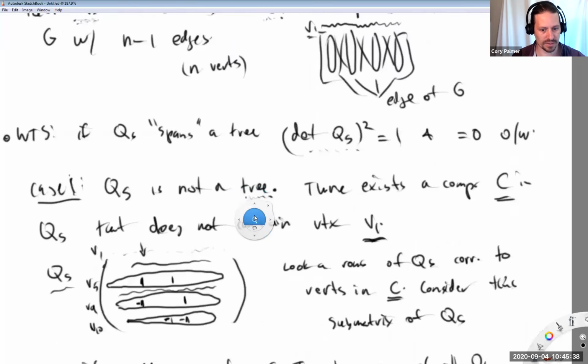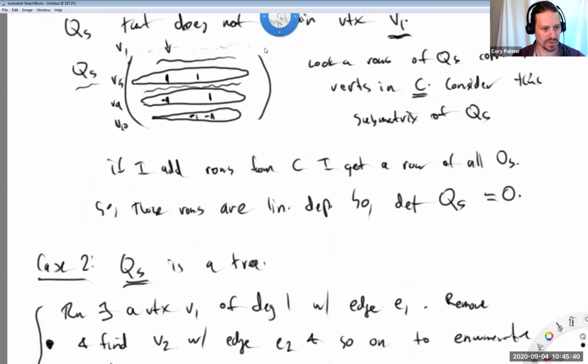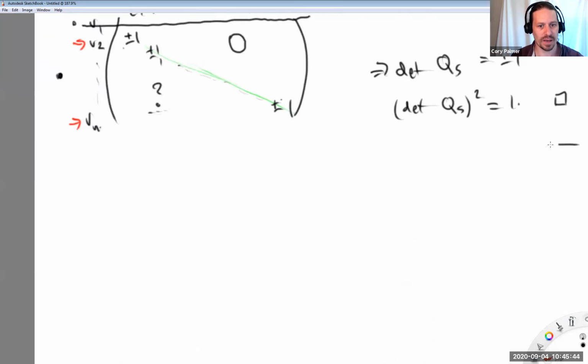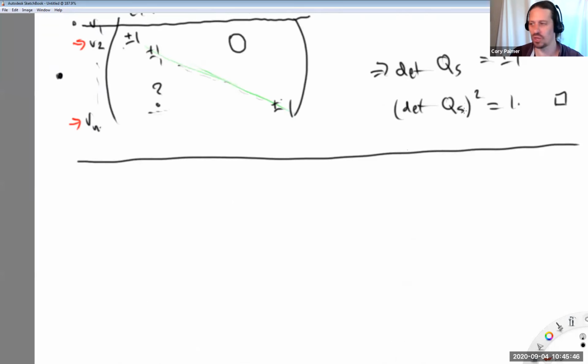And now let's apply it here in the last 4 minutes, because this is really pretty. The nice thing about applying the theorem is you don't need to think about QS anymore. You just need to find the determinant of the Laplacian minus a row and column, okay?